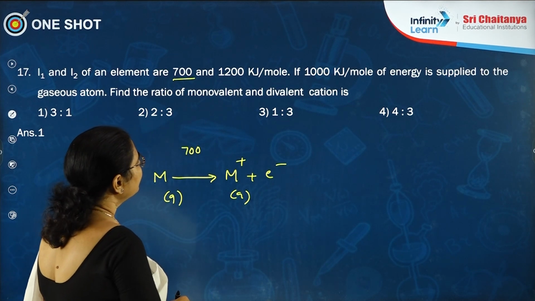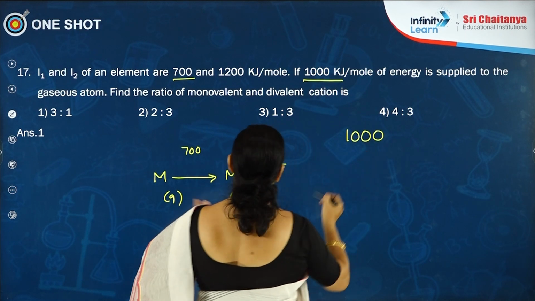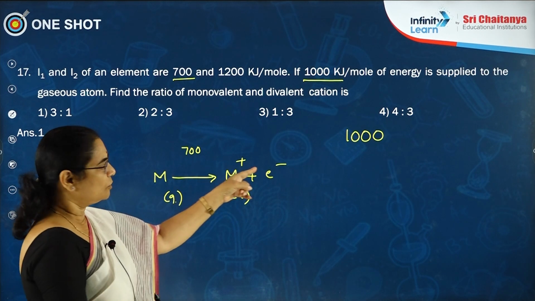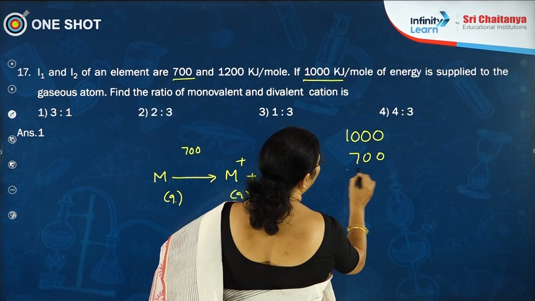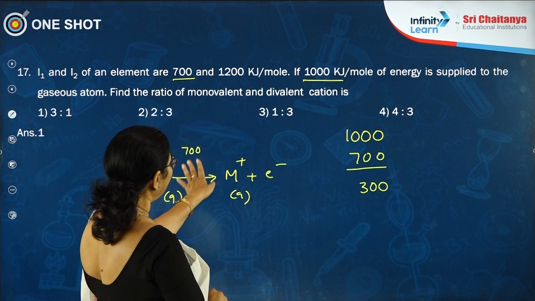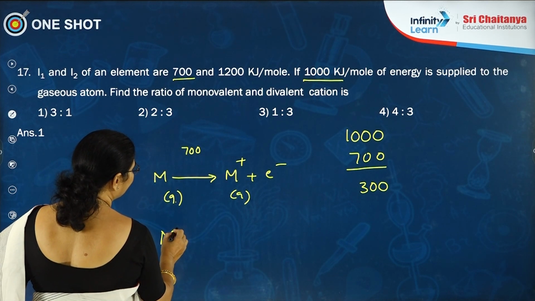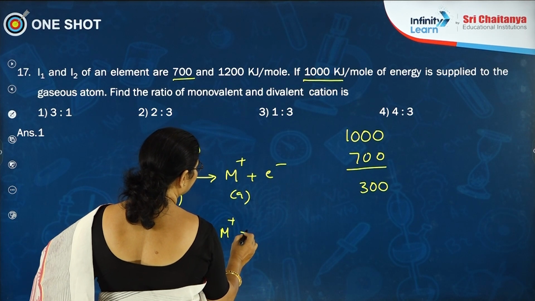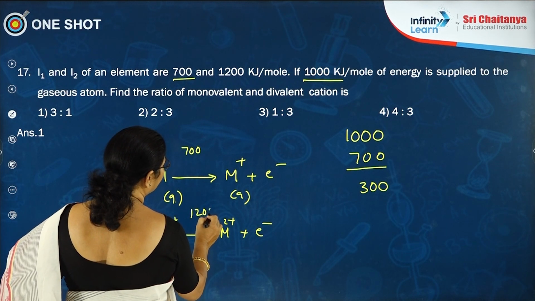Now, this element is having 1000 kilojoules of energy with it. IP1 is 700, so from 1000 we can easily spend 700. So the amount left is 300 now. For removing a second electron from the same element, we require 1200 kilojoules.